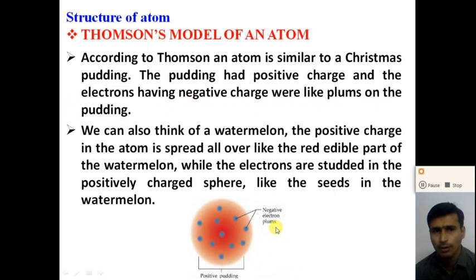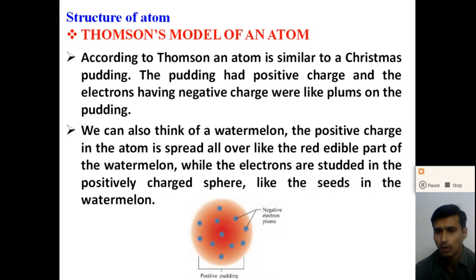right? So Thomson says that all the positive charge is distributed like a Christmas pudding, and the seeds in that pudding, the plums, are the negatively charged electrons. So J.J. Thomson was the first to try to propose a model of an atom, and according to him, the atom is similar to a Christmas pudding.